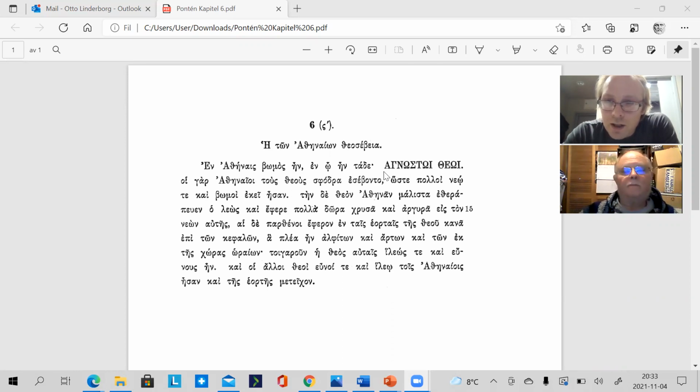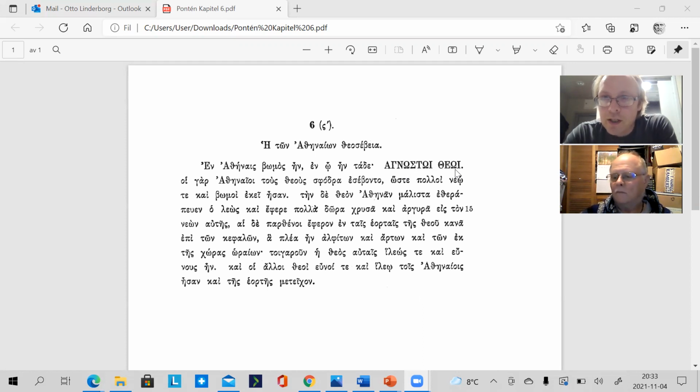You had rightly understood these capital letters here as referring to a single God. Agnosto theo. So this concluding iota here, if this would be written in small letters, then that concluding iota would be underneath this omega here as an iota subscript.